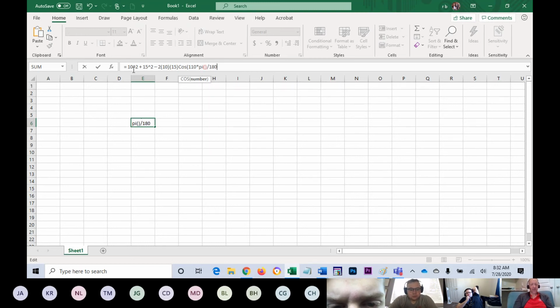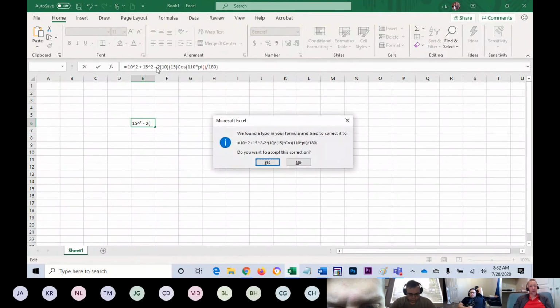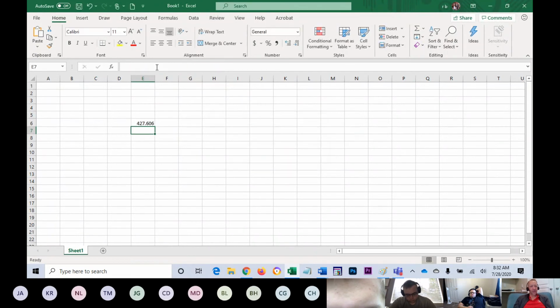But you should be able to, if you set your calculator right, get that. Oh, it doesn't like this minus sign. 10 squared plus 15 squared minus 2 times 10 times 15 times the cosine of pi over 180.